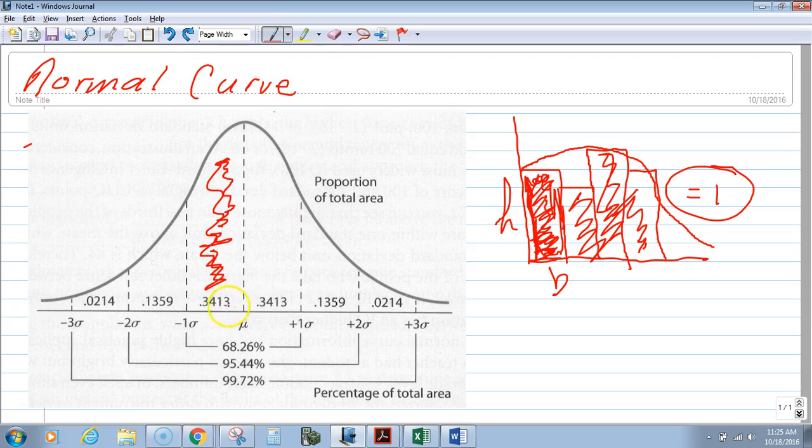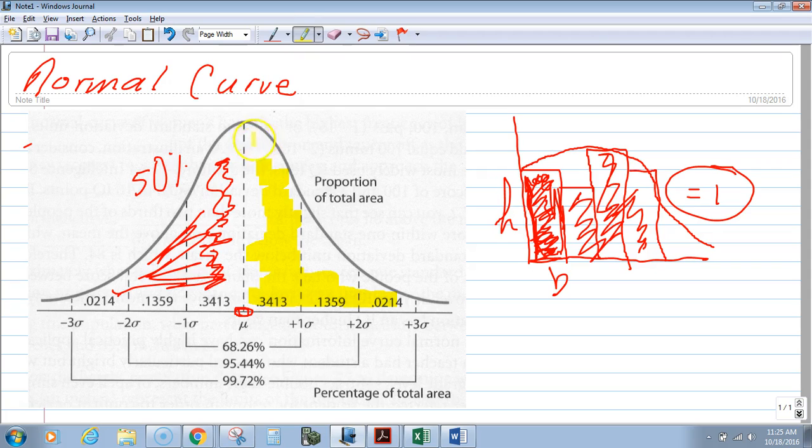So there are some rules, and the first rule is right here is our mean, and that's a standard score of 0. That means there's going to be 50% of the data on this side of the curve, right? And then over here, this is also going to be 50% because a normal curve has what we call symmetry.